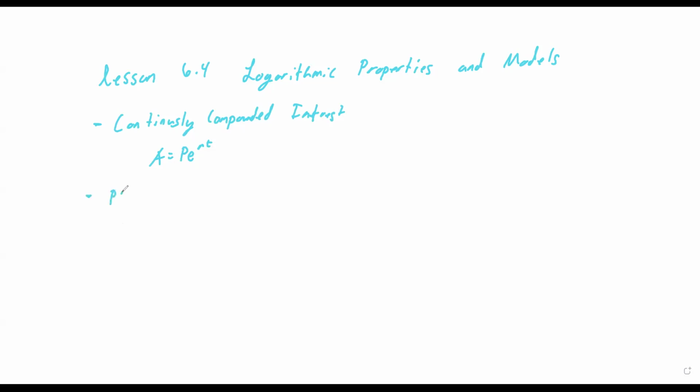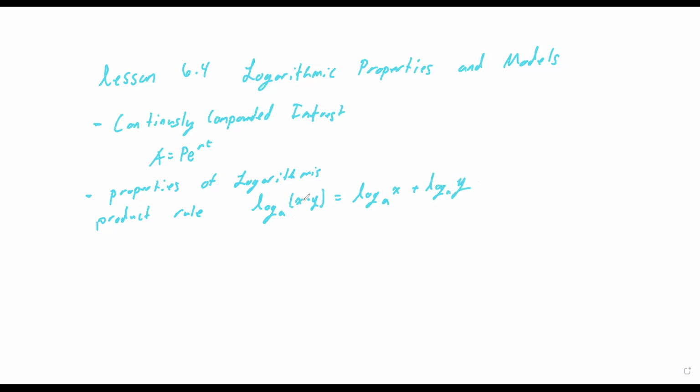Then we have properties of logarithms, and they are the product rule, which basically just states if I have a logarithm where I am multiplying two things inside, I can expand it by writing it as log of the same base a of x plus the log base a of y.